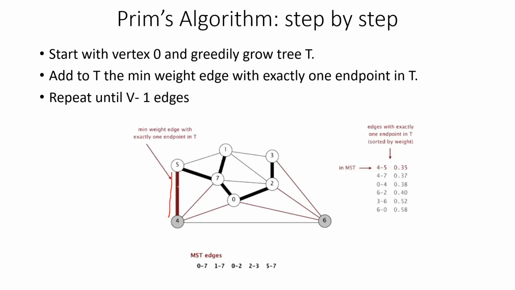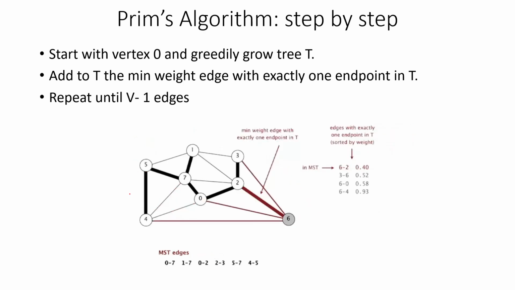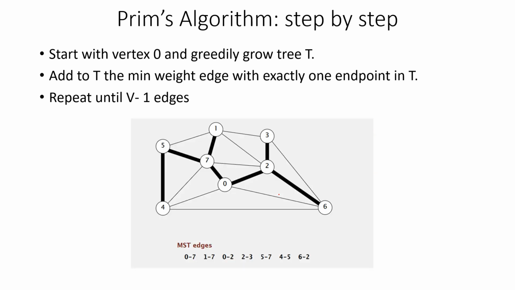Then we have the candidates for our minimum spanning tree, and we take the edge with the minimum value, which is the edge between 2 and 6. We add that edge, and in the end, we have the minimum spanning tree.